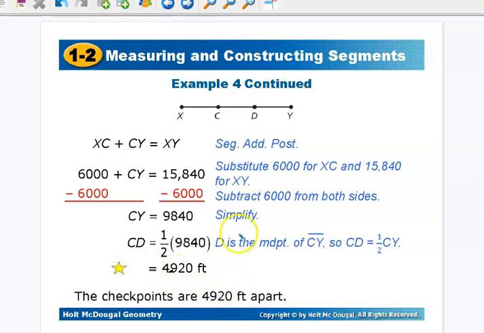So checkpoints C and D are 4,920 feet apart.